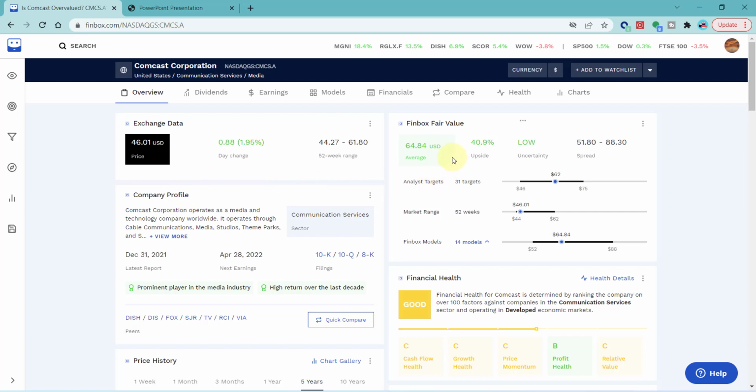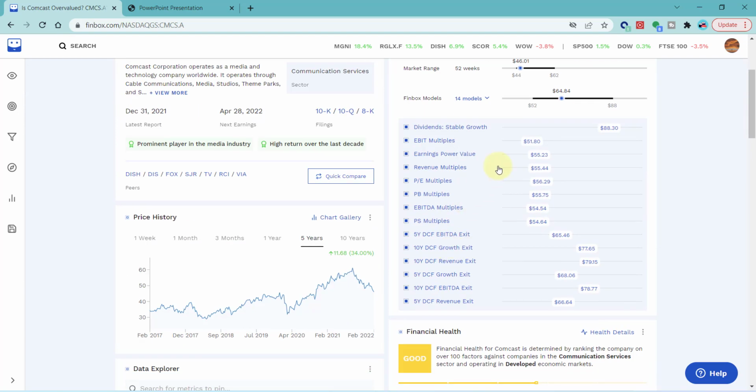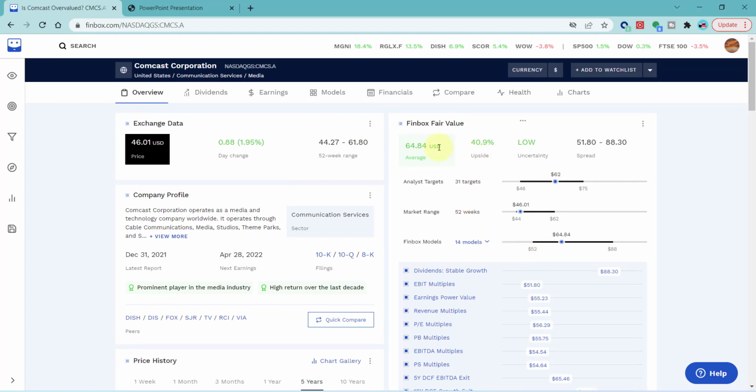You can see here the fair value that this Finbox service has concluded, looking at 14 different models and averaging those. They've concluded a fair value of about $64 a share. It's trading at $46 a share today, which means there's 40% upside.